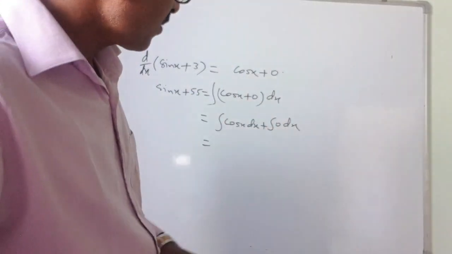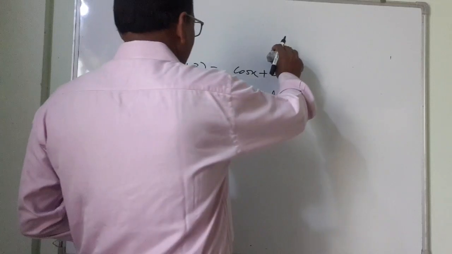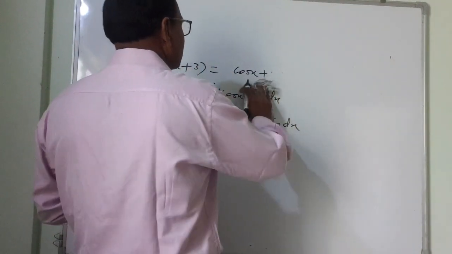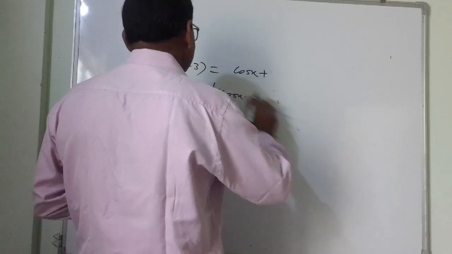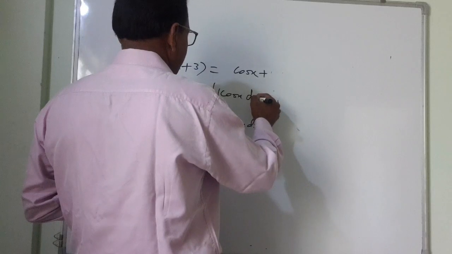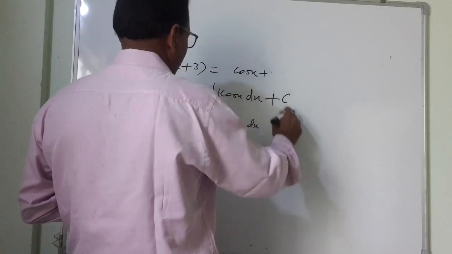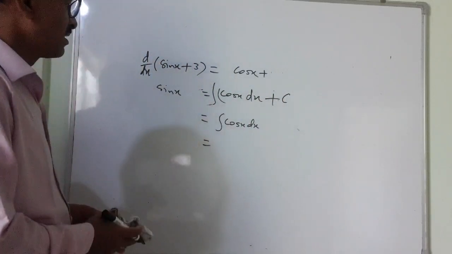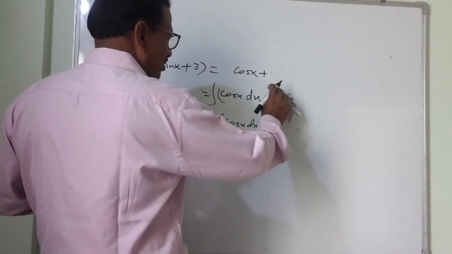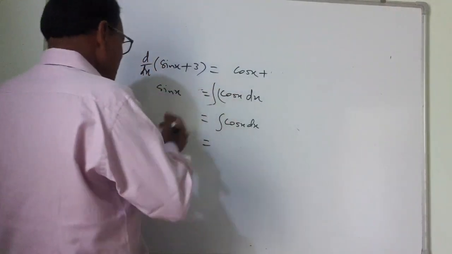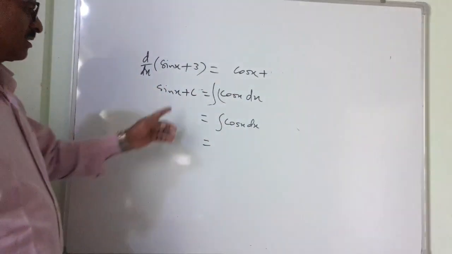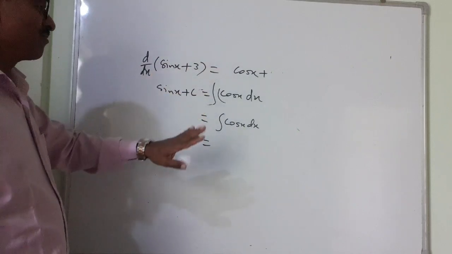So instead of making that confusion, we write some number dx plus c. This c was 0, and this c is here, so plus c. This is a constant. Any constant it may be.